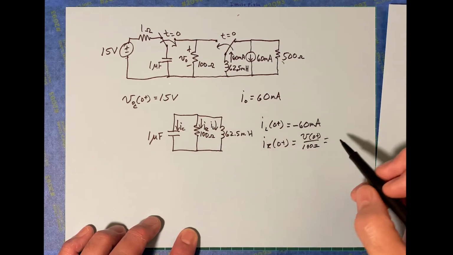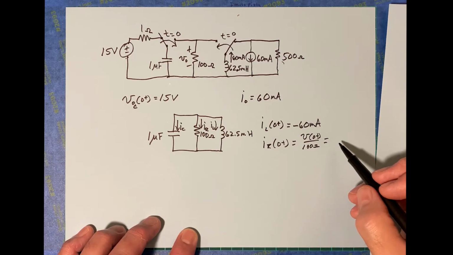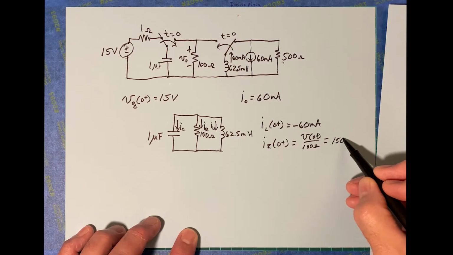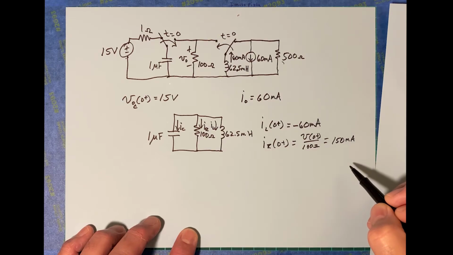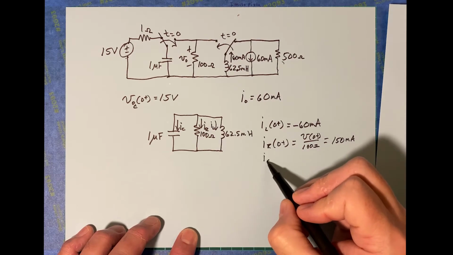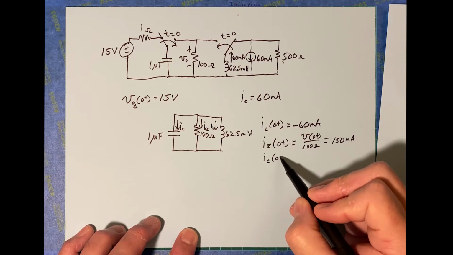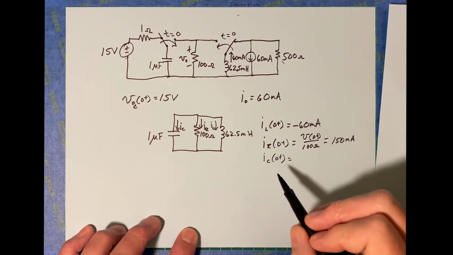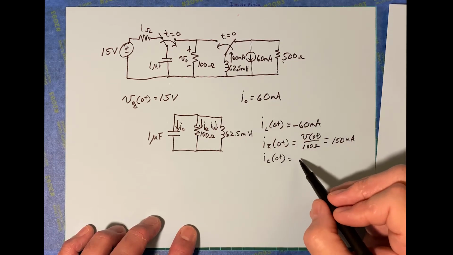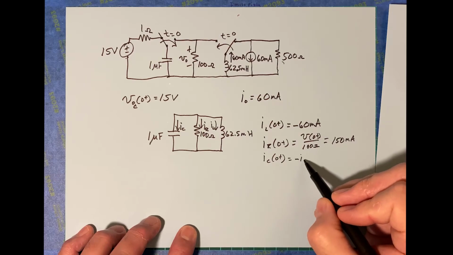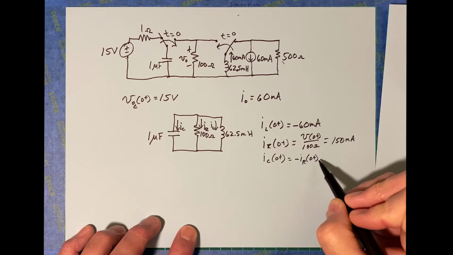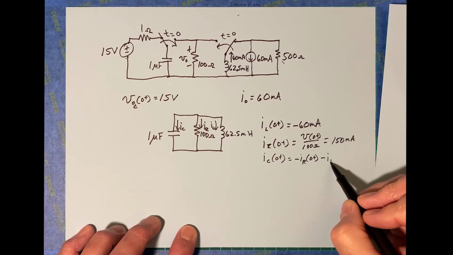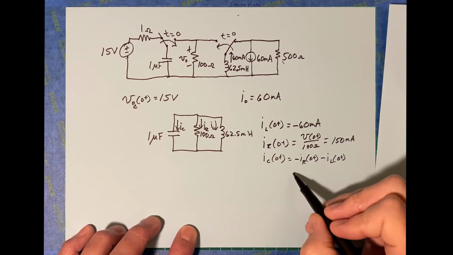So that's 15 over 100. That's 150 milliamps. What about I sub C at 0 plus? Well, you can figure that out. It's going to be minus I sub R at 0 plus minus I sub L at 0 plus.